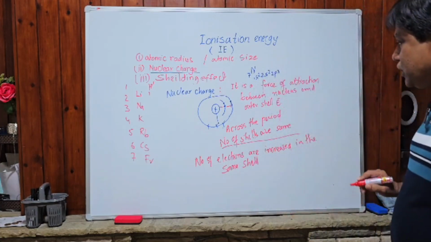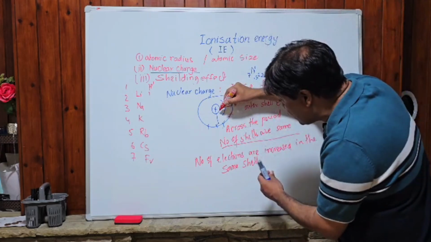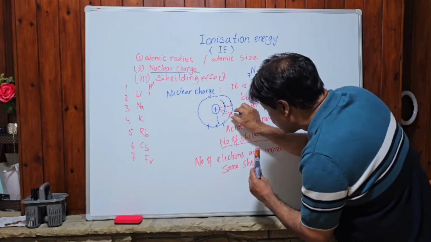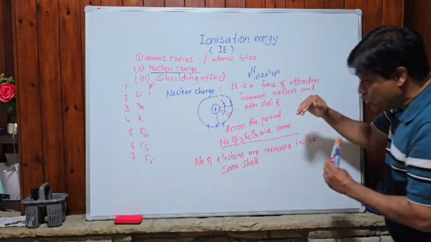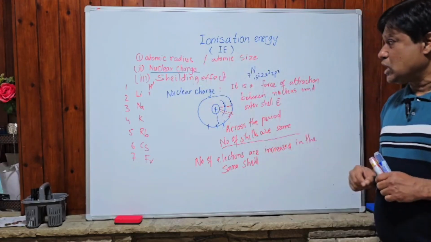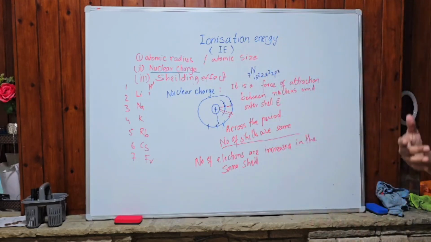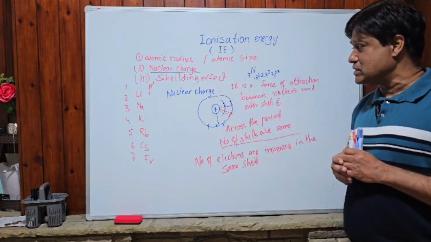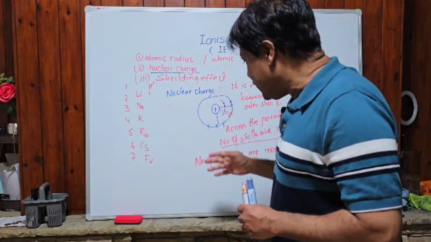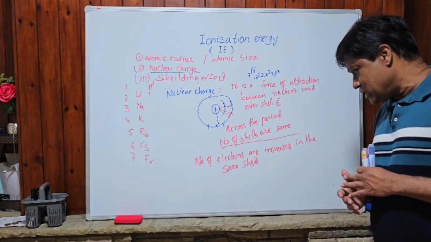When the number of electrons increases in the same shell, there's more force of attraction, and these electrons try to move towards the nucleus. That's called the nuclear charge. How that nuclear charge affects the ionization energy, or what is the impact of all these factors on the ionization energy, I will teach you in my next lesson. I will discuss all these factors in my next lesson.